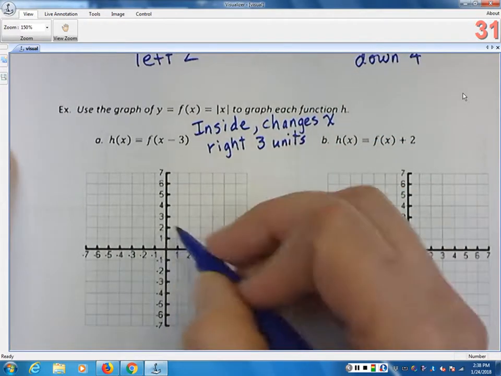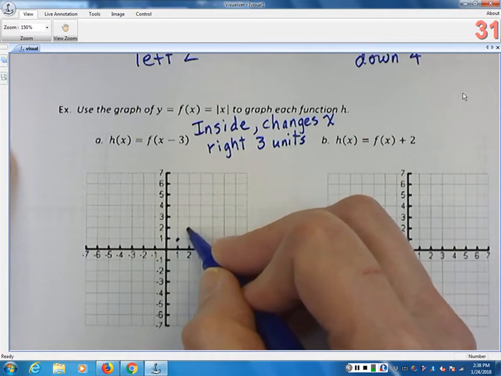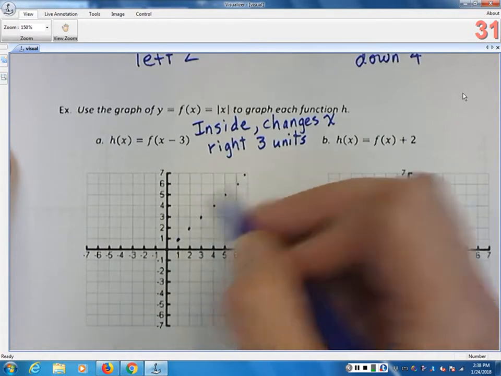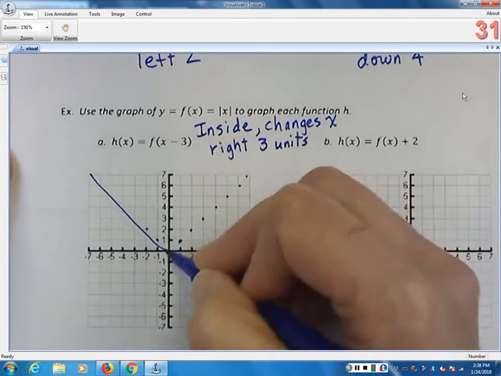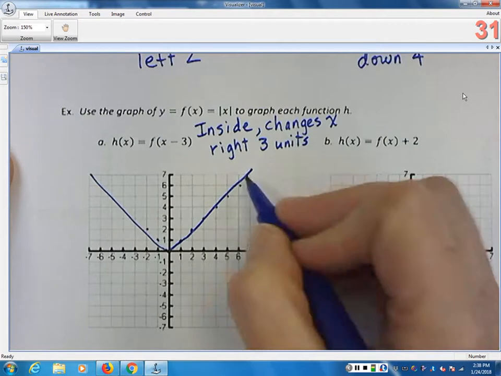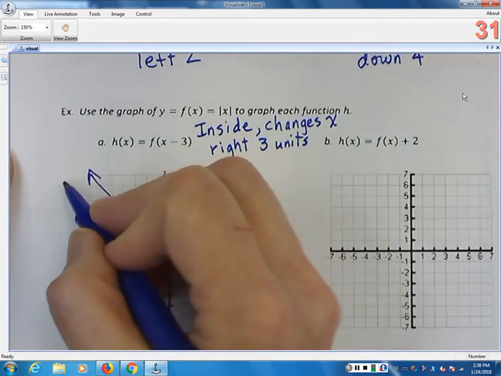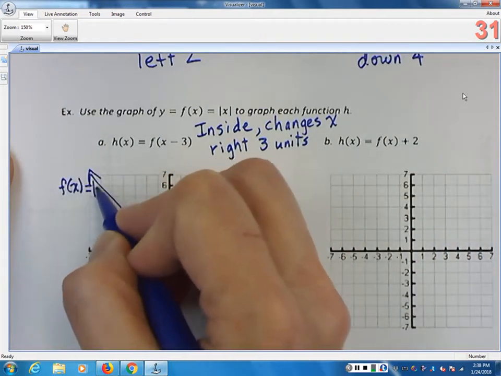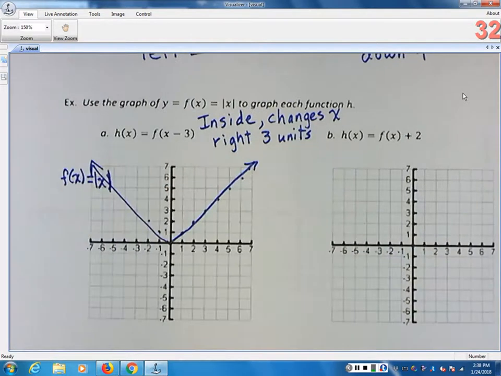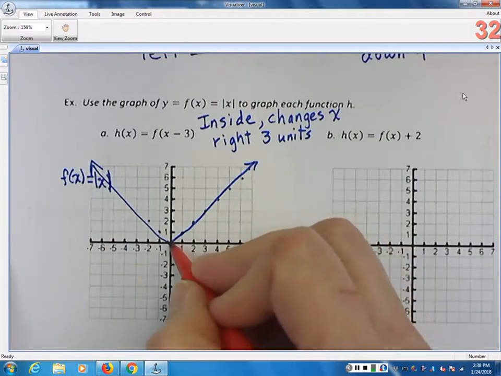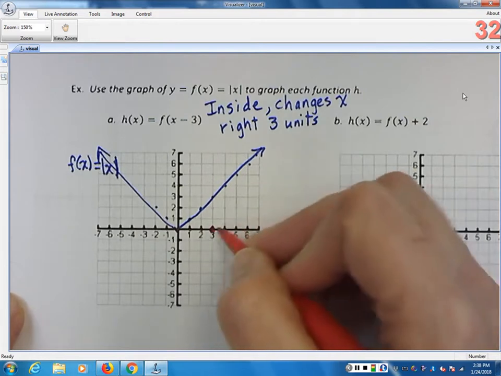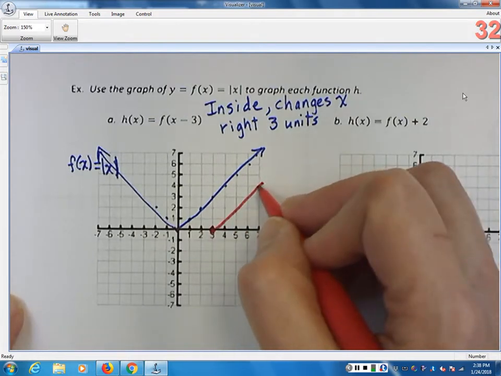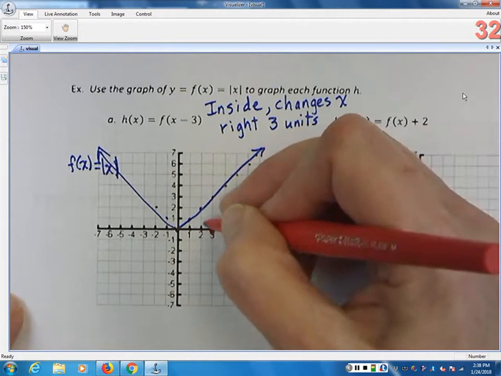So we got absolute value of x looked like a V. Okay, that's the absolute value of x. So we can shift right 3 units. We're going to shift the vertex right 3 units, 1, 2, 3, and it goes at a slope of 1 and -1 here.